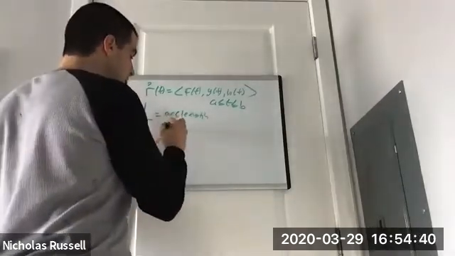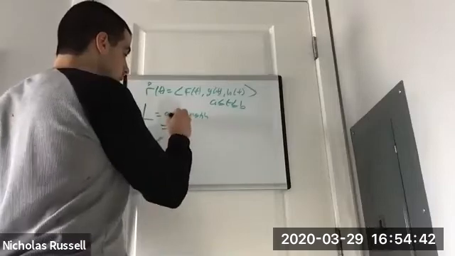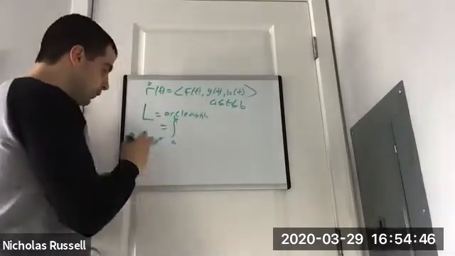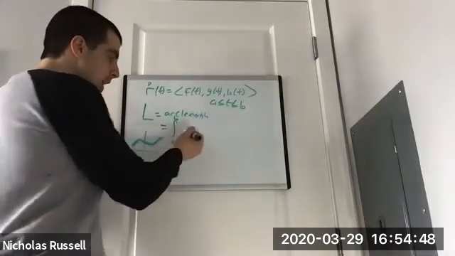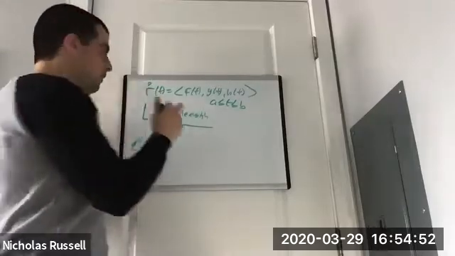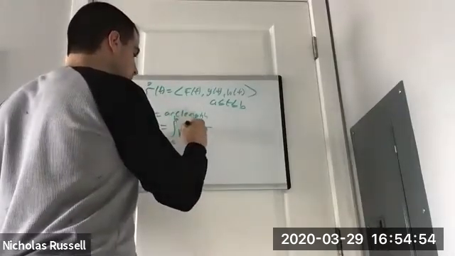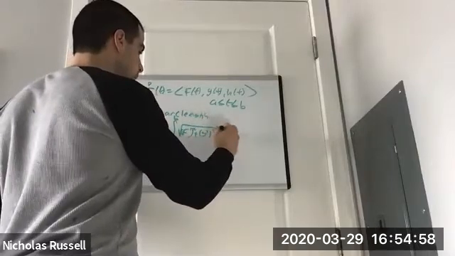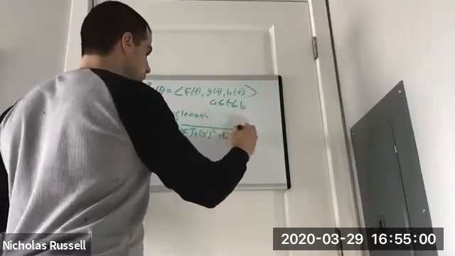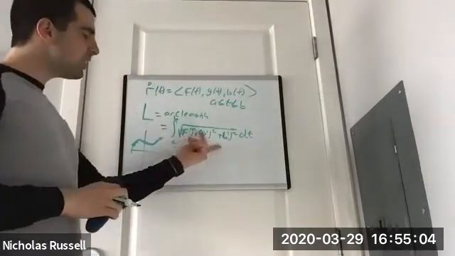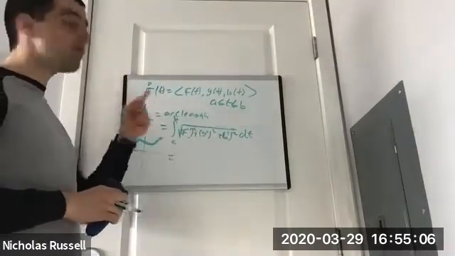So L could be calculated as the integral from A to B, summing up all these different possibilities, of the norm of the derivative. So something like the square root of f prime squared plus g prime squared plus h prime squared dt. Note that this looks like the norm of that vector.